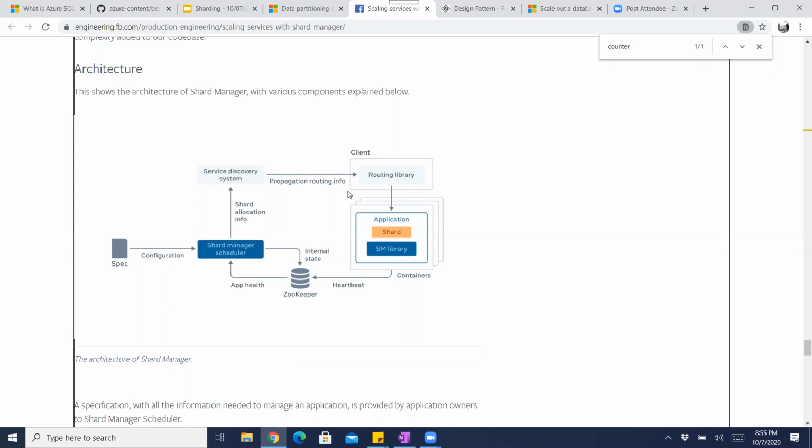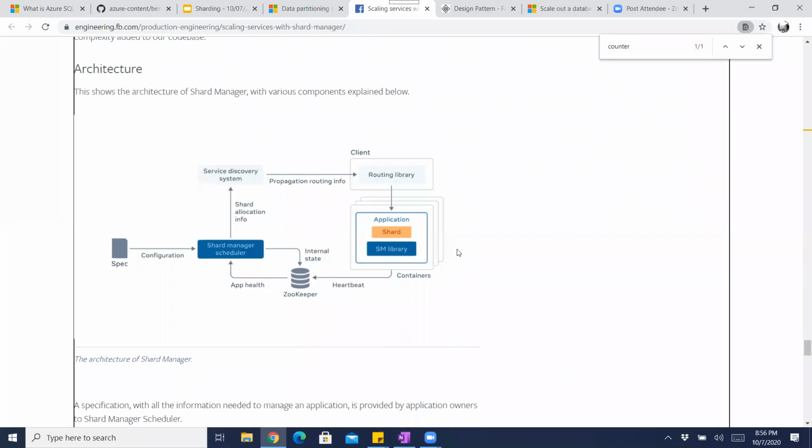Now you need to propagate that information back to the client so that they don't route requests to the bad node. Makes sense. It depends on the client implementation, whether the client is polling this discovery service every X seconds.